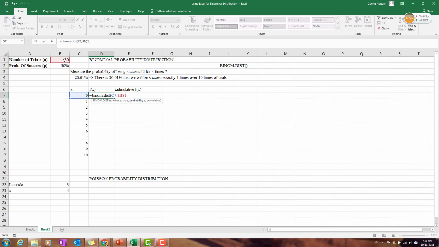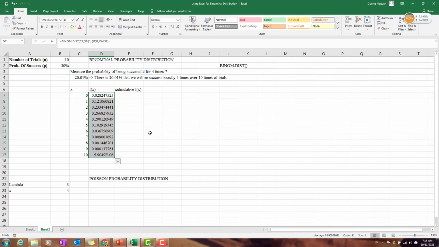The probability of success is the same, 30%, fixed as well. Cumulative or not, I say no, because I just want to see the exact number, so I say false, close the parentheses, and that's what we want to do.